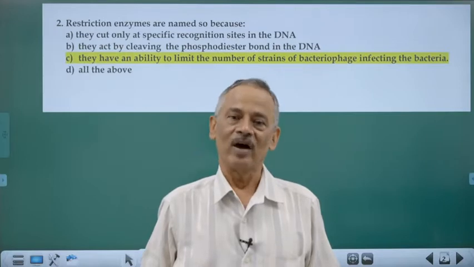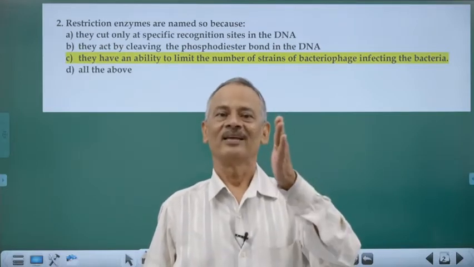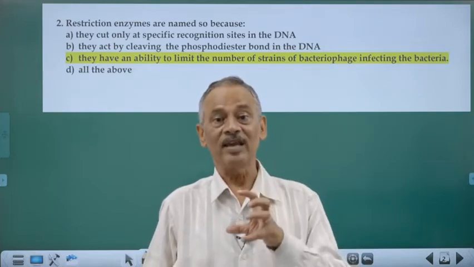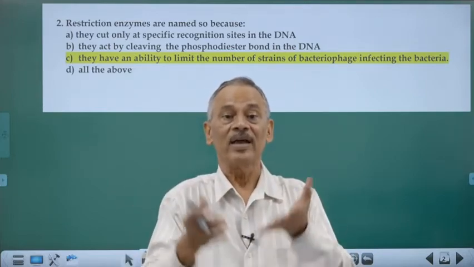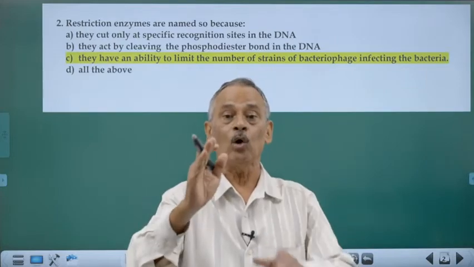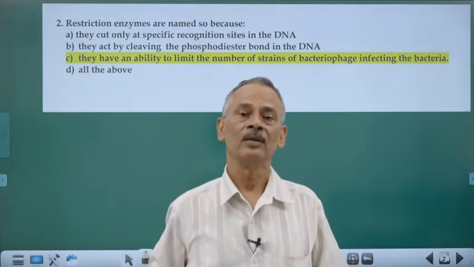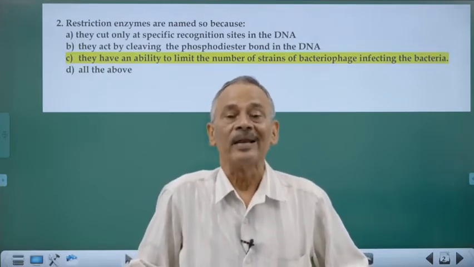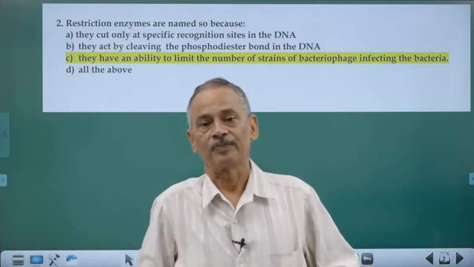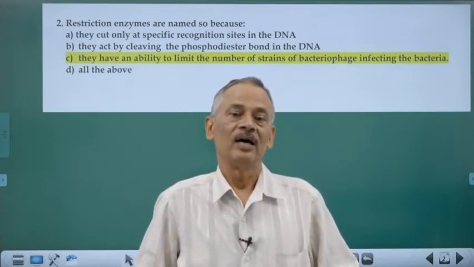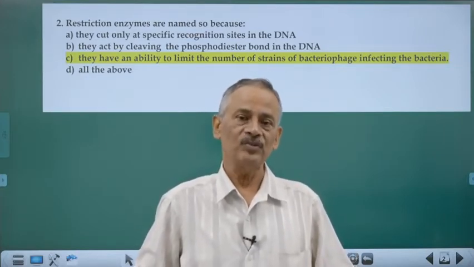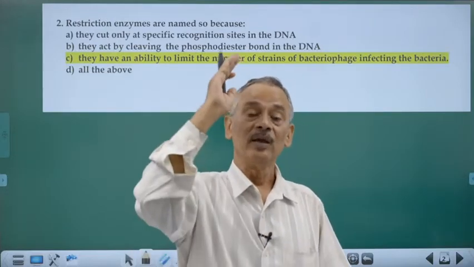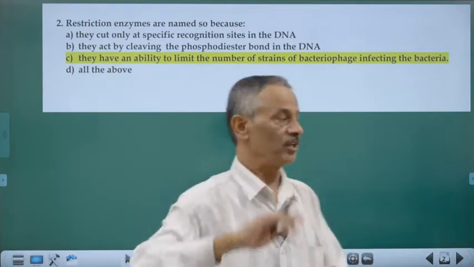Okay. Werner Arber thought like that. There must be a mechanism present within the bacteria. That's why they are all still living. They are capable of restricting the growth of viruses within them. And this principle they discovered in the year 1963. They called it restriction endonuclease because it is an endonuclease that is restricting the growth of the viral DNA within a bacterium.